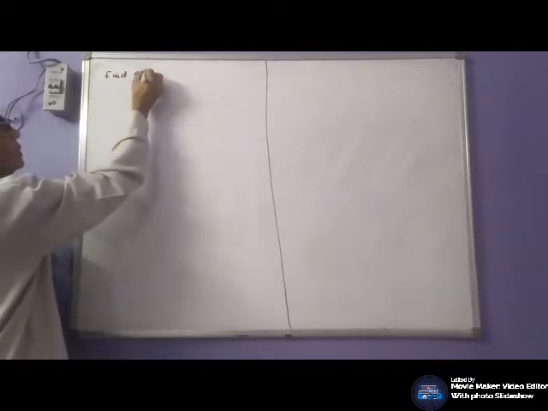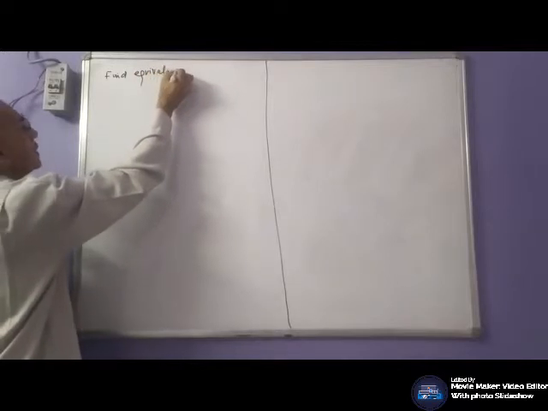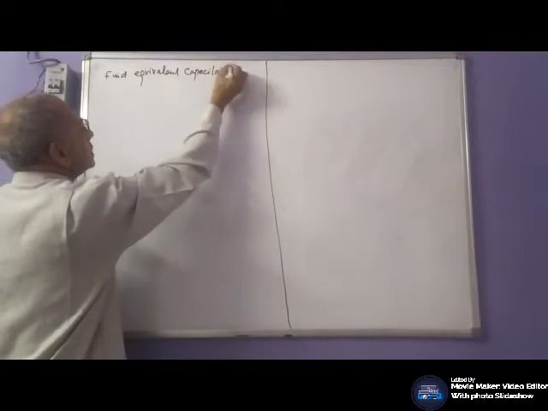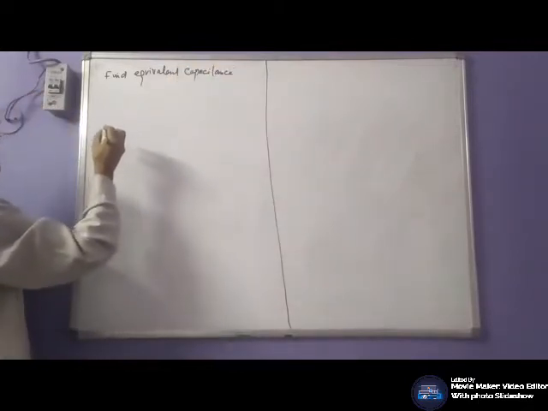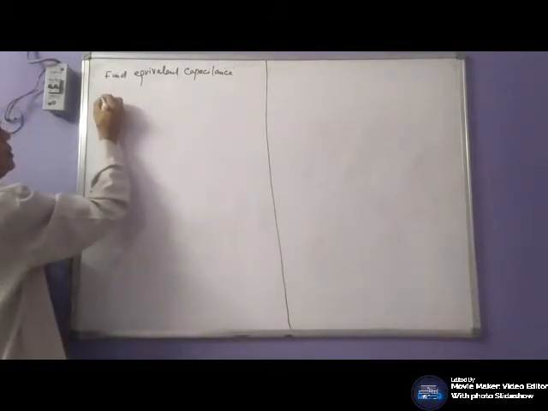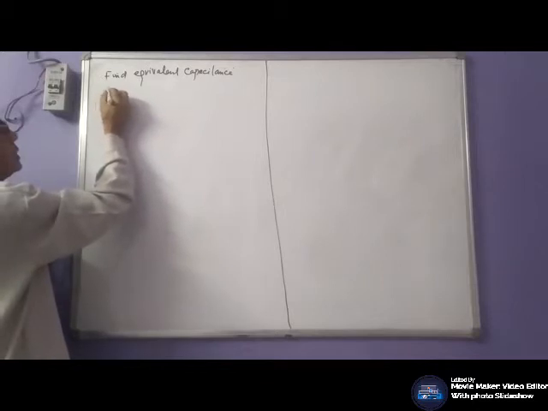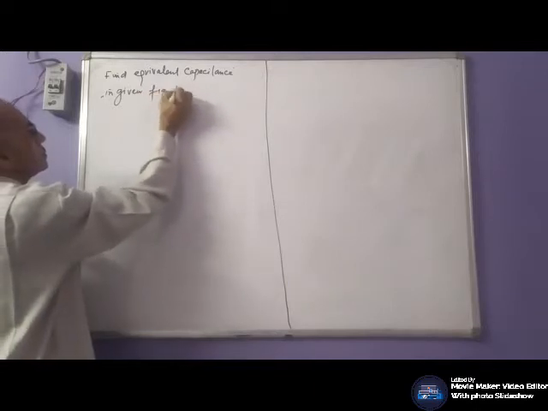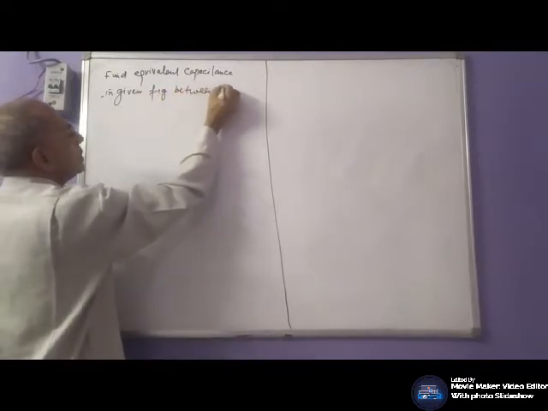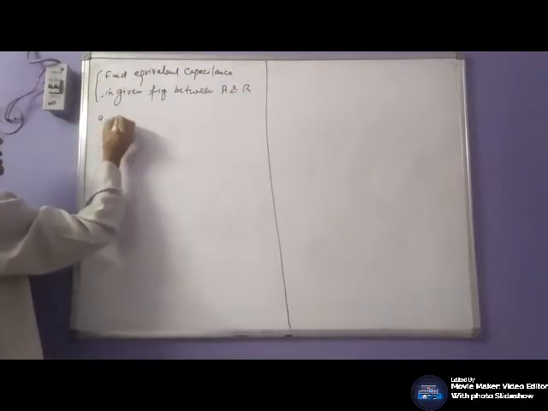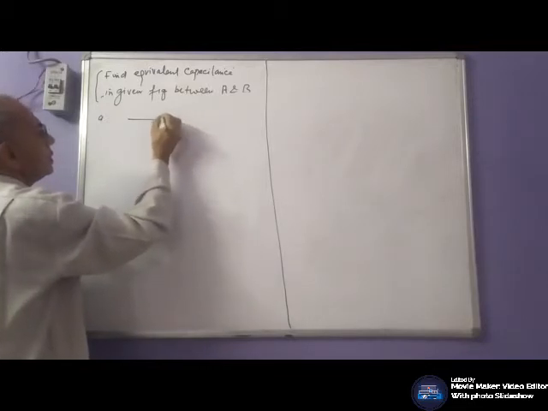Find equivalent capacitance in given figure between A and B. This is the given figure.